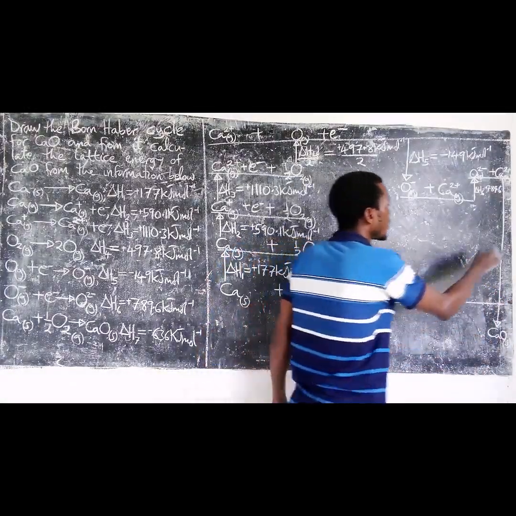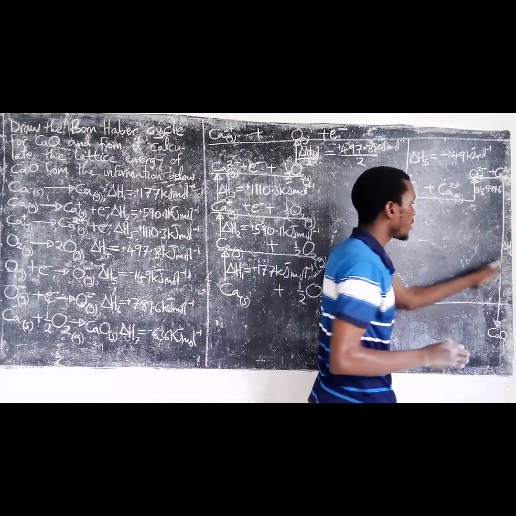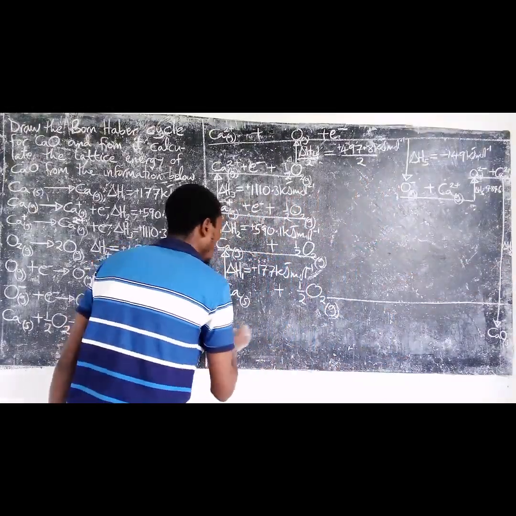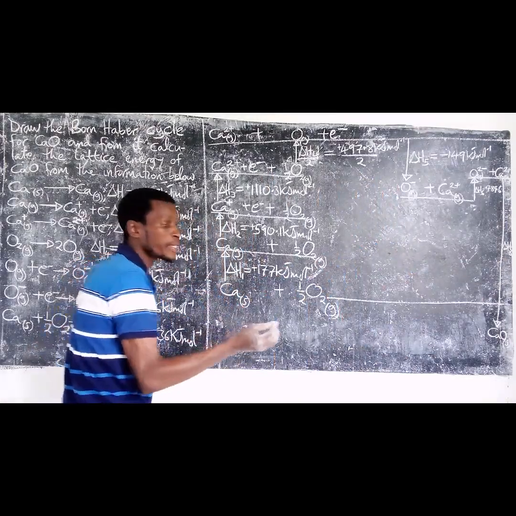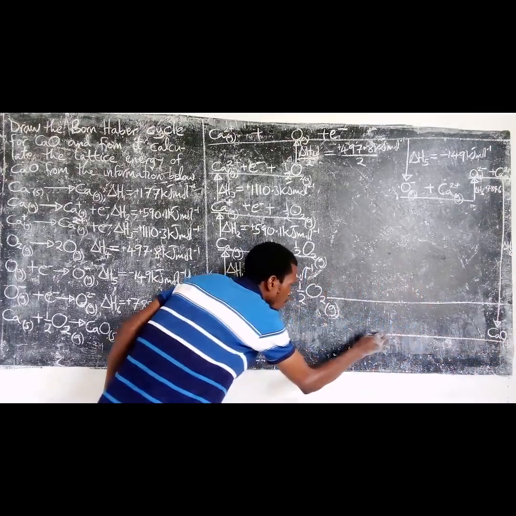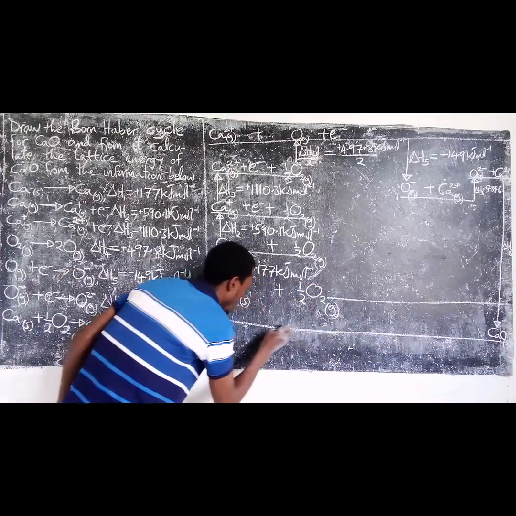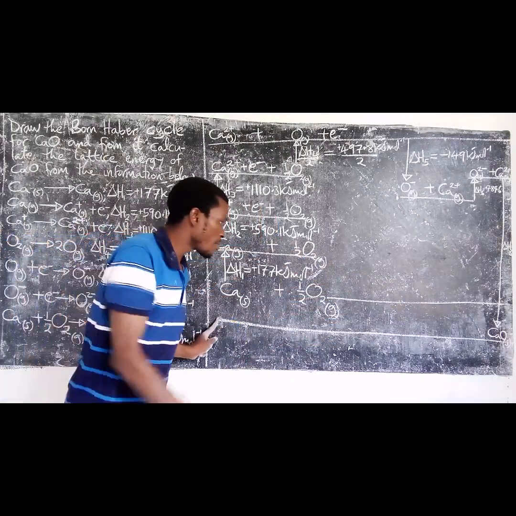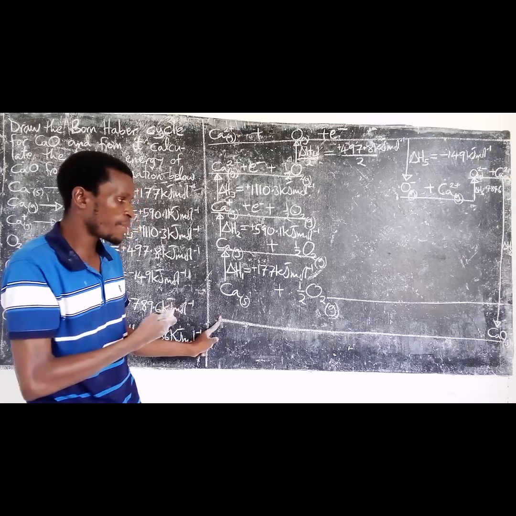Then after that, this is heat change 8. But then we have to draw a horizontal straight line from here to the end of the page.